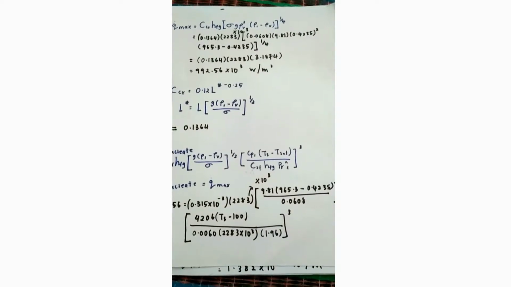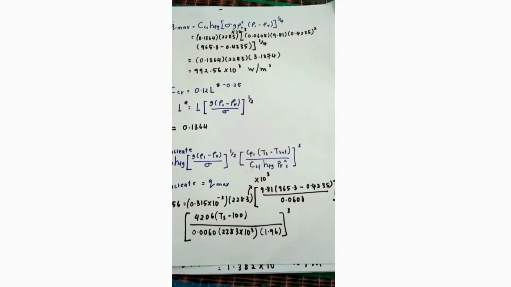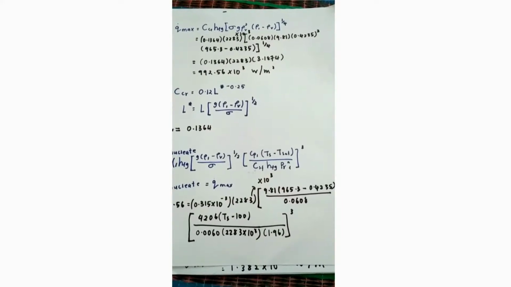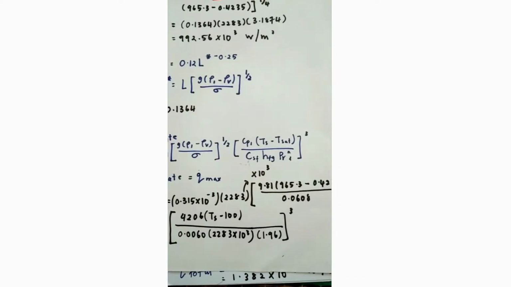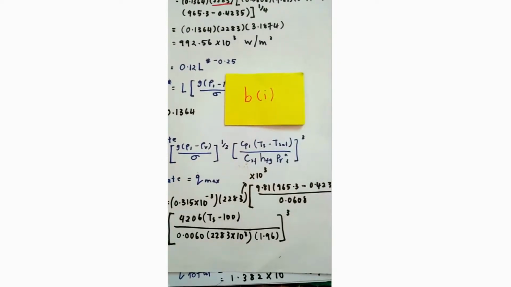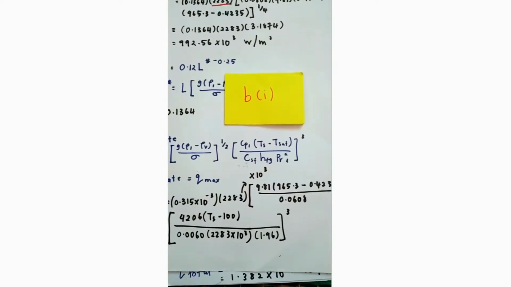For question B, the calculation is actually similar to question A, but as the pressure decreases, the properties might change. For question B1, we have to calculate the critical heat flux for the nuclide.